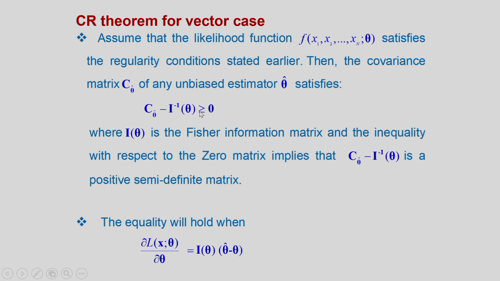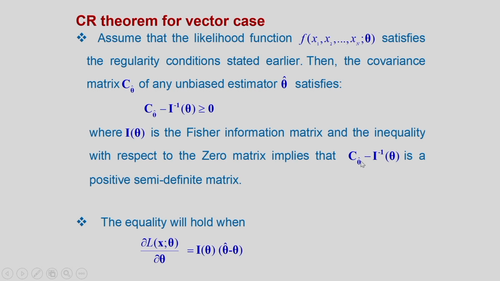Now, this inequality is a matrix inequality. This inequality with respect to the 0 matrix implies that the quantity C of theta hat minus I inverse theta is a positive semi-definite matrix. So, we have to test whether this matrix C theta hat minus I inverse theta is a positive semi-definite matrix. This is the condition for the Cramer-Rao lower bound.